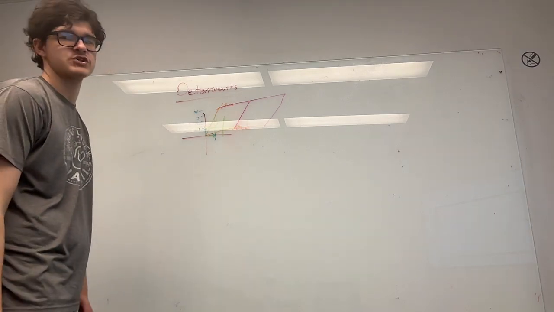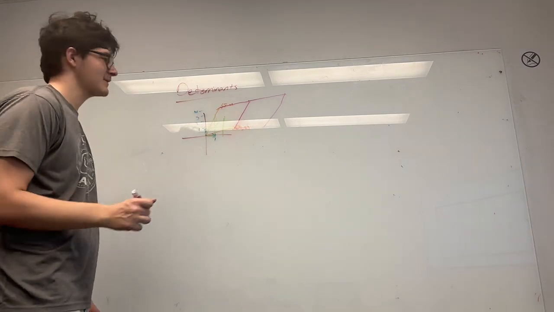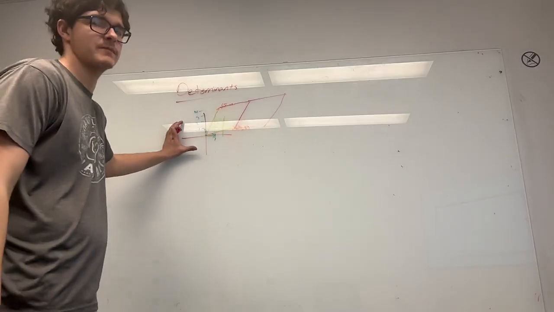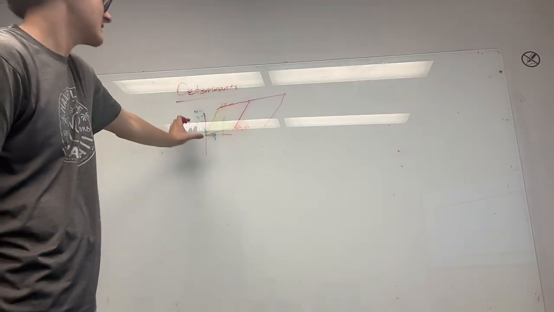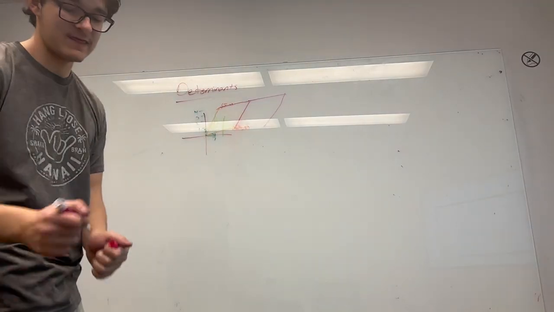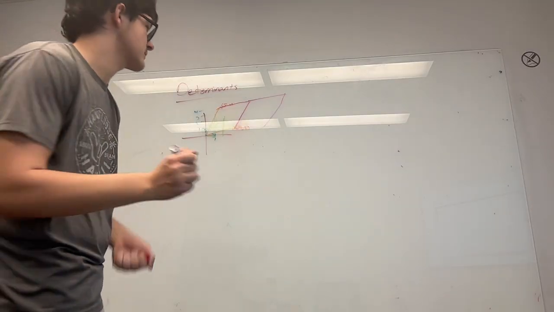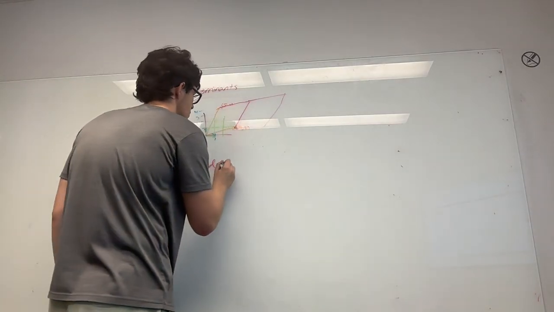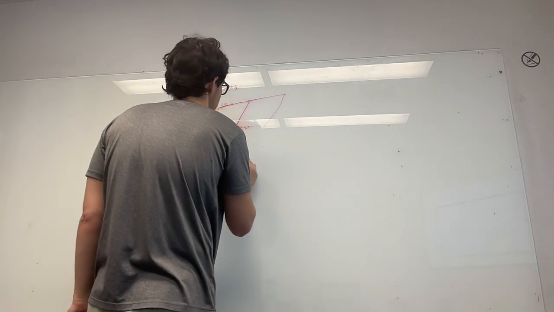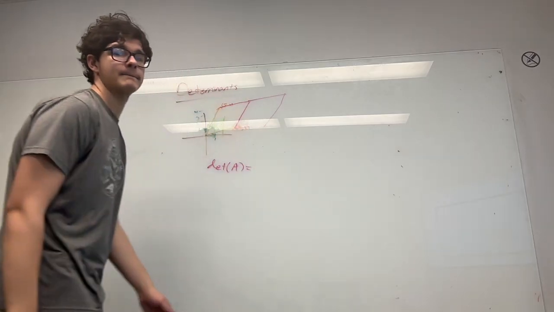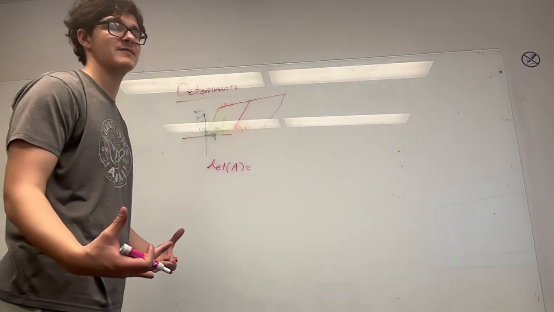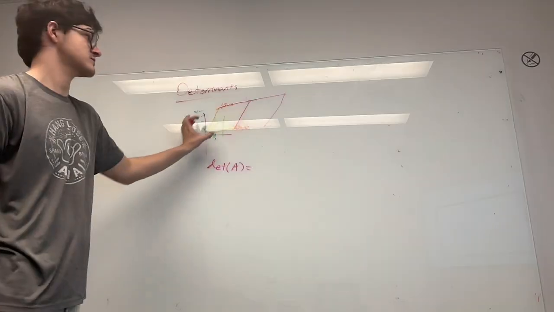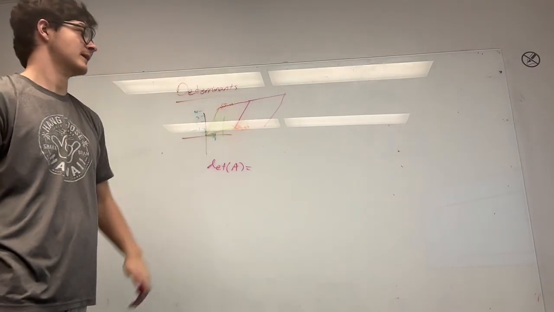Why does this matter for the determinant? What the determinant is, so we said A was our matrix, right, that transformed these vectors into that. I'm going to draw in pink because that's a good color. Determinant of A is equal to what? If I said I want to find the determinant of A, this transformation that took these vectors into those vectors, right?